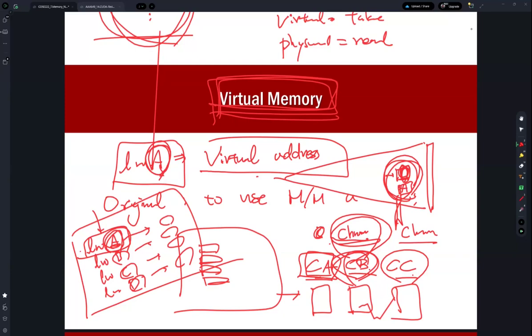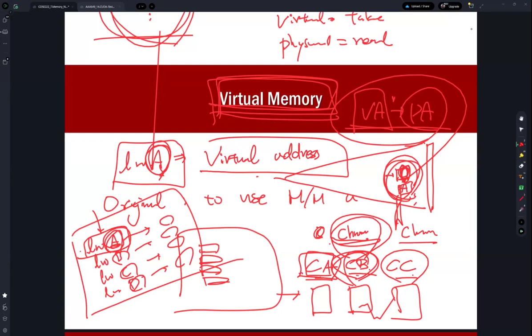I mentioned that the virtual address needs to be translated into the physical address. So if we use different converting rules, then using the same virtual address, we can access different data locations. I mentioned that the physical address is the real address, right?